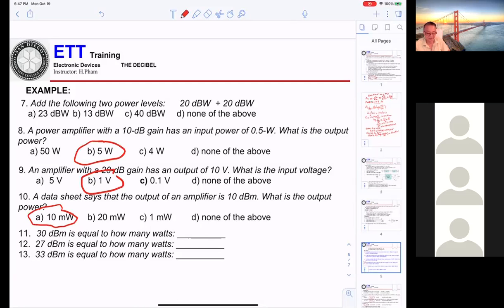Is 11 1 watt? Okay, 11 is 1 watt. 12 is 0.5.